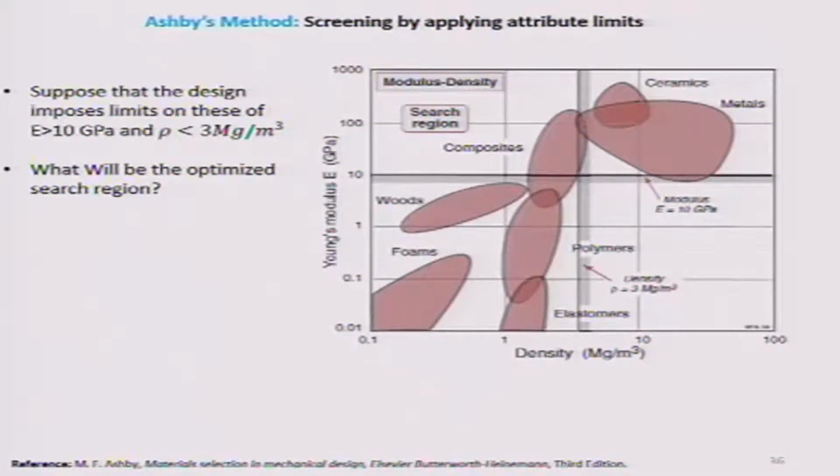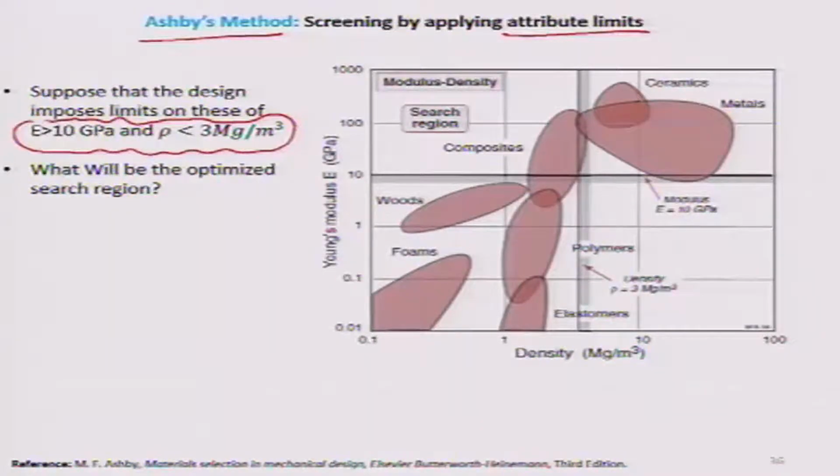Now we will discuss in this module screening by applying attribute limits, that is the Ashby method. In this method, suppose that in the translation step we got some optimized values: the material for a particular application should be such that its elastic modulus is higher than 10 gigapascal and its density is lower than 3 megagram per meter cube.